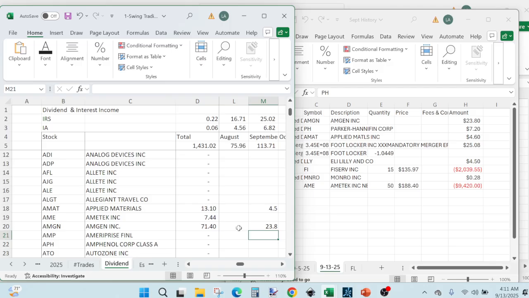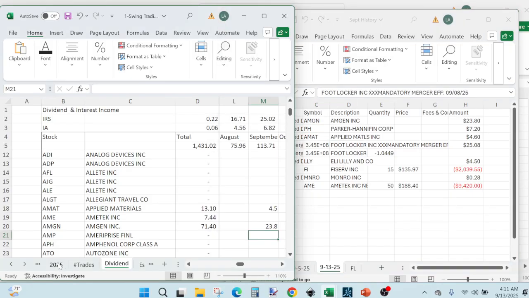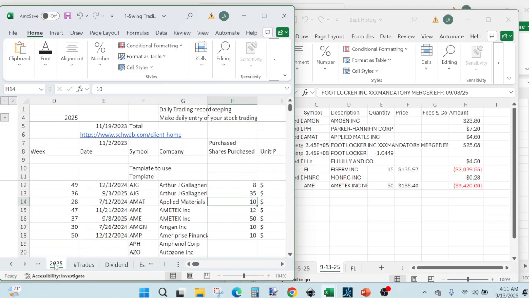23.80. Okay, so now that we are done with those, we'll come back to this one, Foot Locker. That is an example of a stock that pretty much went bankrupt on you, but it didn't bankrupt.